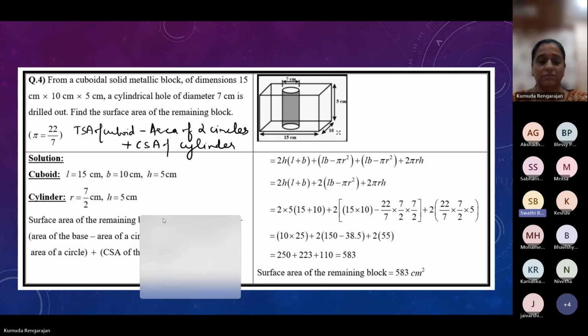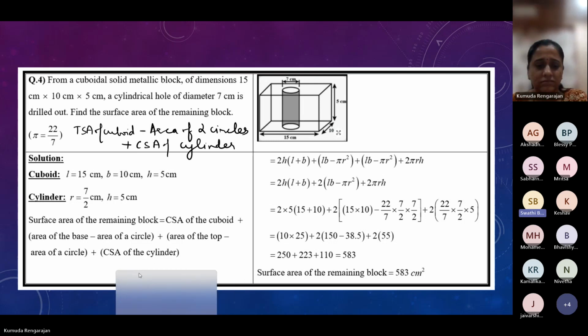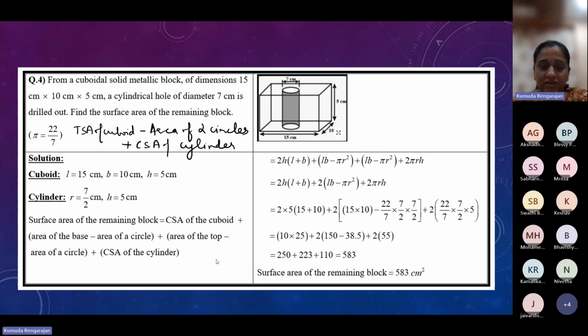Ma'am, can we also subtract the curved surface area of the cylinder from the total curved surface area of the cuboid and then get the answer? Subtract the curved surface area of the cylinder from what? From the CSA of the cuboid, ma'am. Okay, so see, you can subtract only if something includes that area.